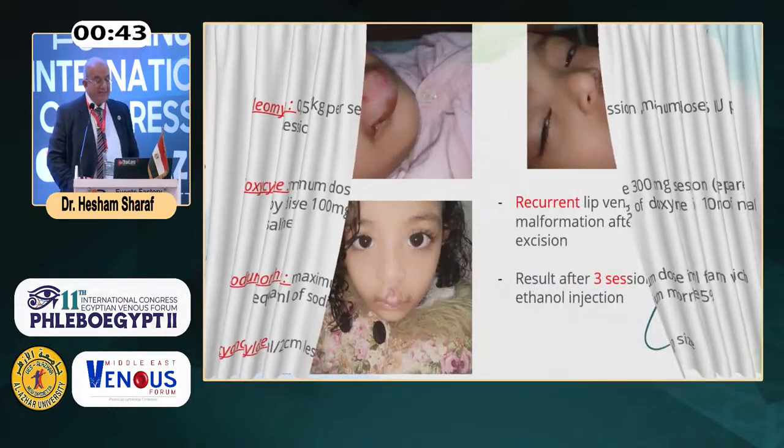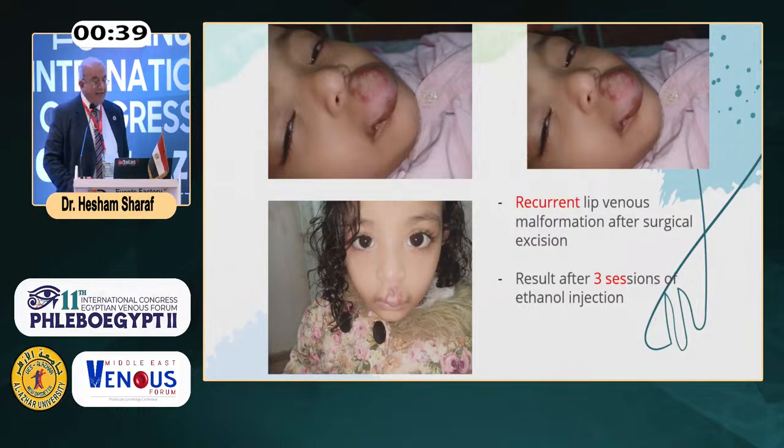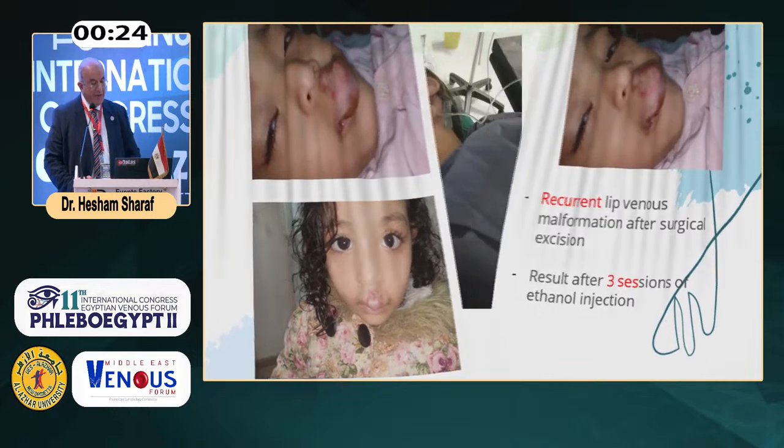These are some cases treated by ethanol, and you can see the size of the lesion before injection and the result after 3 sessions. There is marginal response and decrease in size and cosmetic improvement for this patient.